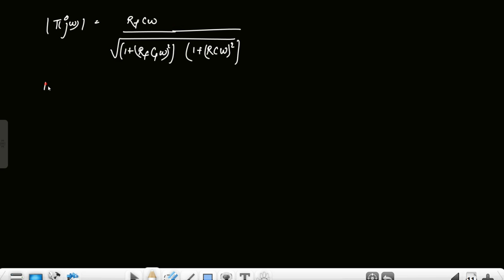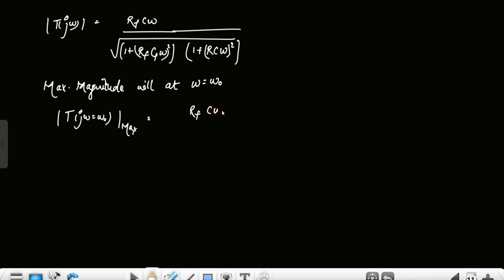Now the maximum magnitude will be at omega equal to omega naught. So simply we substitute omega equal to omega naught. For the respective values of RF, CF and RC, we will get the maximum magnitude like this, with 1 plus RC omega naught whole square under the root.